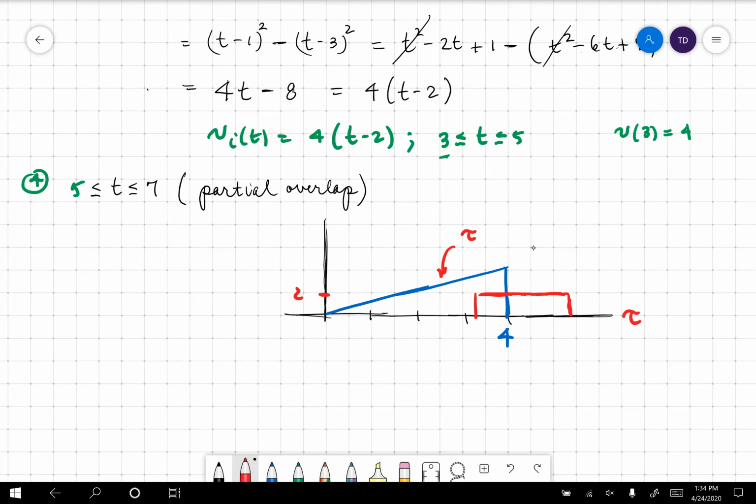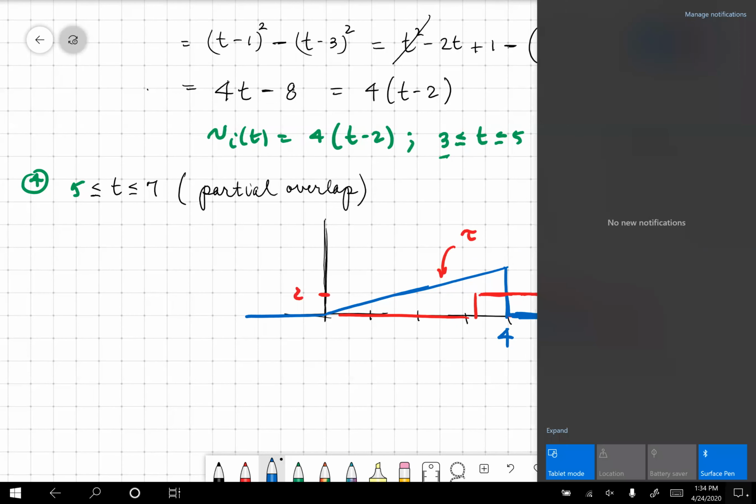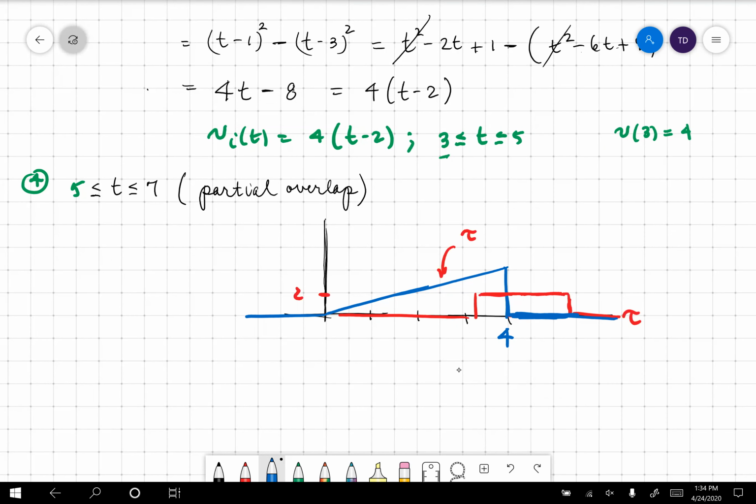Okay, you can see from the red function, it's 0 here, 0 here. The blue function is 0 here. Let me put that in there in blue. The blue function is 0 there and all the way out there. They're both 0 out here. So clearly the only overlap is from here to here.